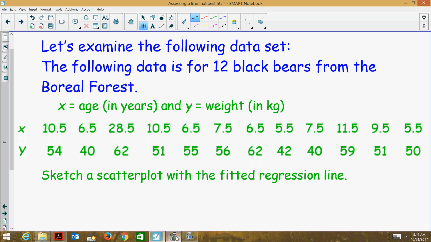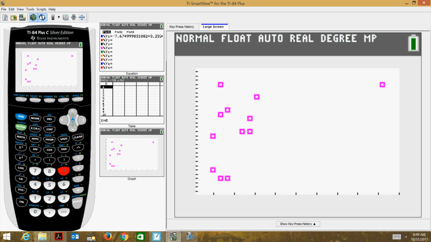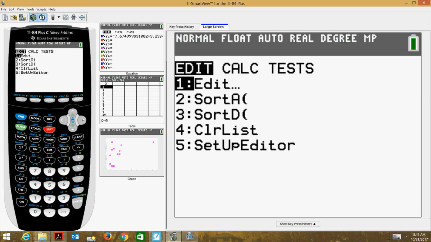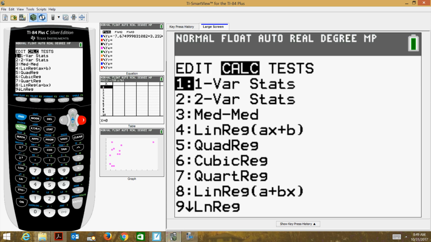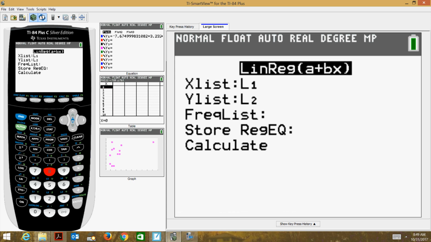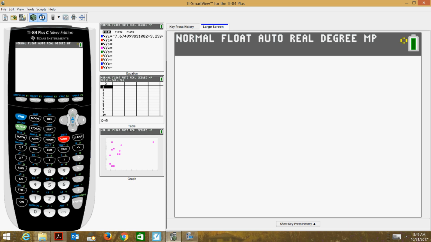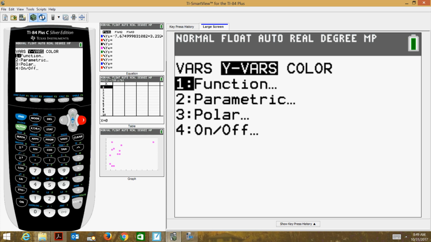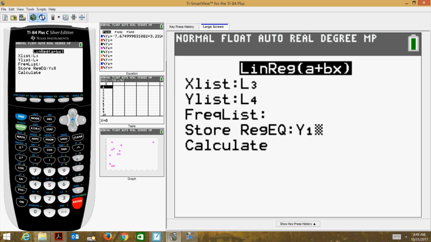So for our bear example, if we find our coefficient of determination, remember, we always want to store the line that best fits in our equation just so that we can see it.